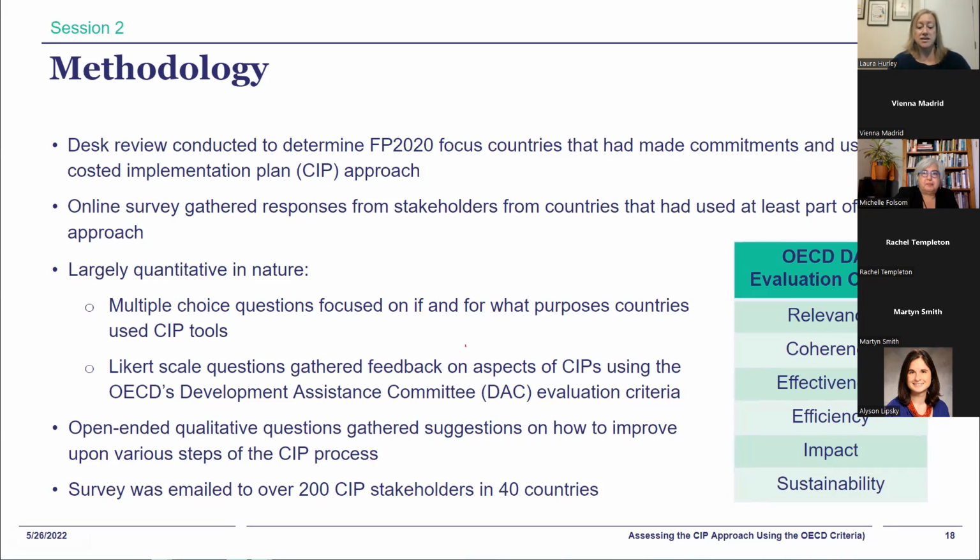Efficiency as the extent to which the CIP delivered results in an economic and timely way. Impact as the extent to which the CIP generated higher level effects. And sustainability as the extent to which the benefits of the CIP approach will continue. The survey was emailed to over 200 CIP stakeholders in 40 countries, and data was collected last December and January. Next slide.